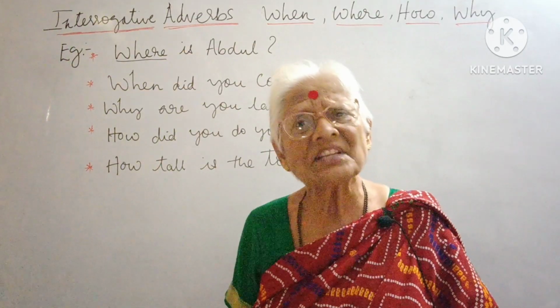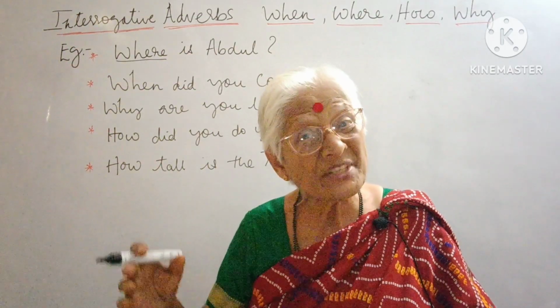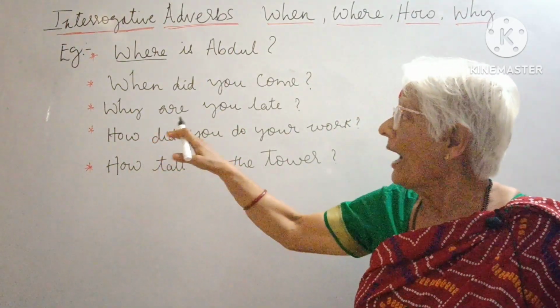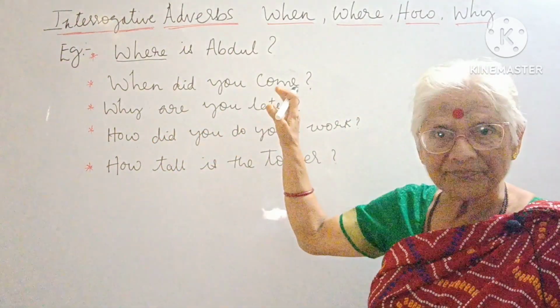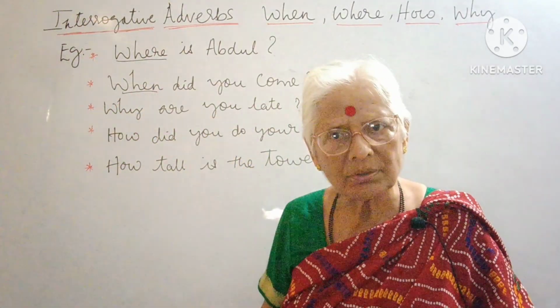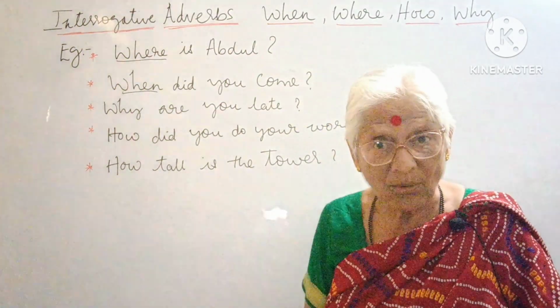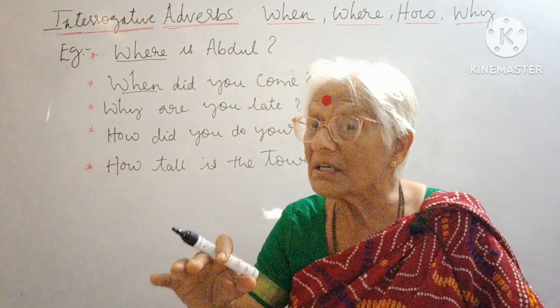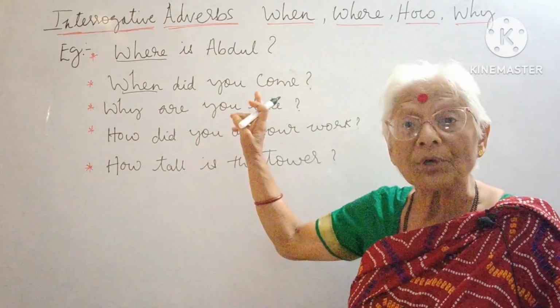Abdul is not in the class. So I have a specific answer to my question, where is Abdul? Next one, when did you come? Now, I came at 12 o'clock. I came just now. I came quite soon. So I have a specific answer to my question, when did you come?